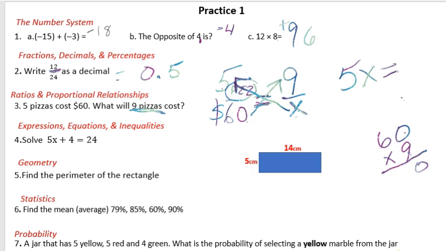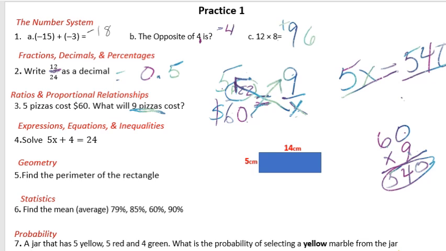So I multiplied 9 times 0, now I have to multiply 9 times 6. What is 9 times 6? It is 54. So there's my answer. Now I cross multiplied, I did 60 times 9, and that is 540.